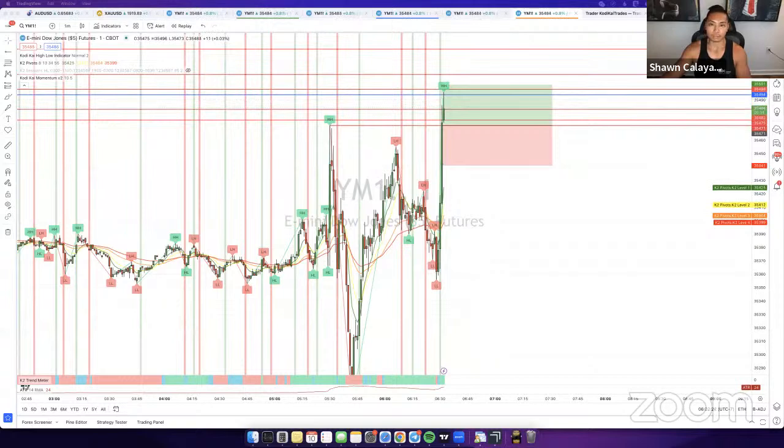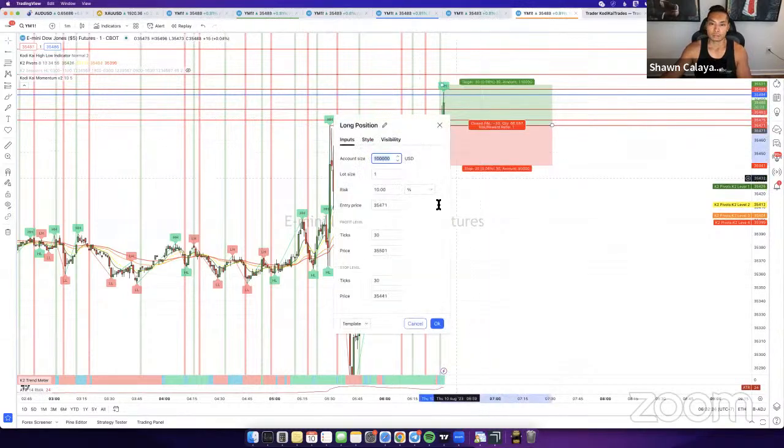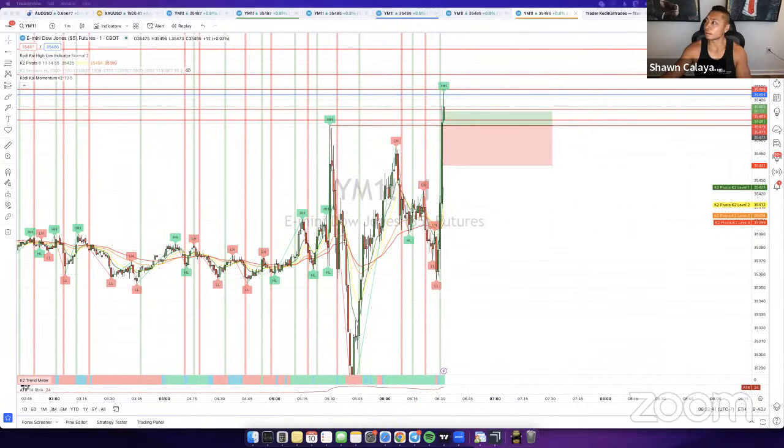Volatility has died down a little bit though, but it is pushing through right there. So the 100 already hit. 300 is technically still running. Yeah, we'll see if it pushes through.